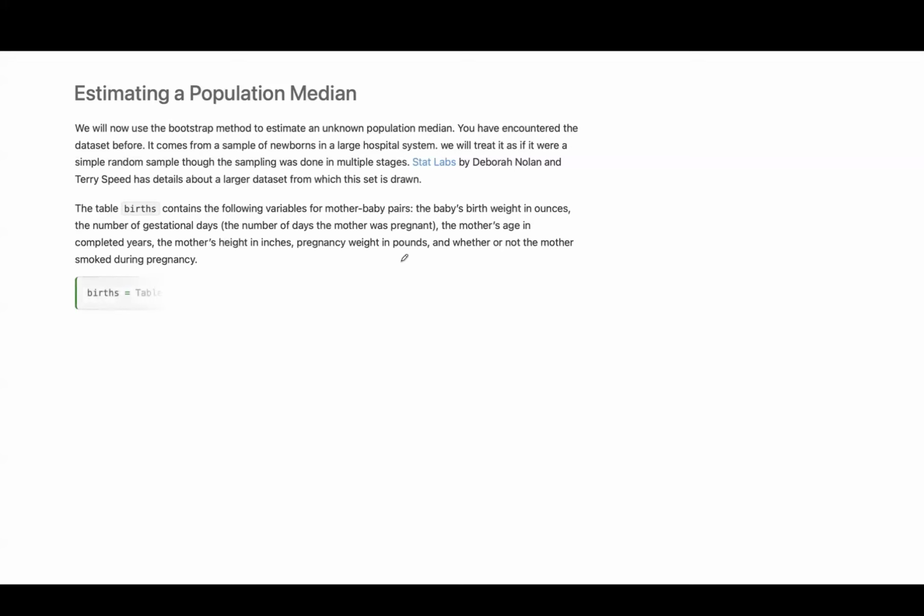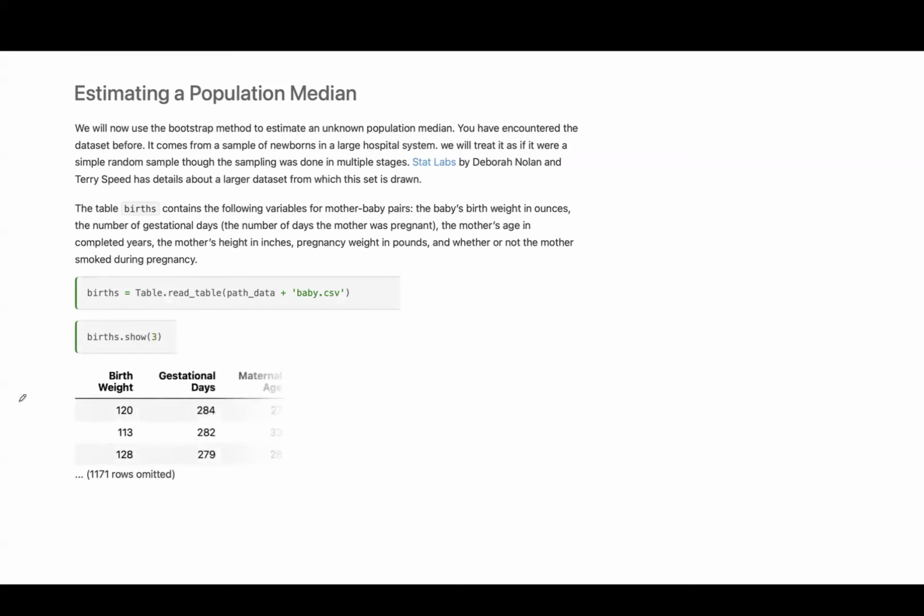So let us take a look at the table here. Let's take a look at the first three rows: birth weight, the number of days that the mother was pregnant, the age of the mother, height, and so on.